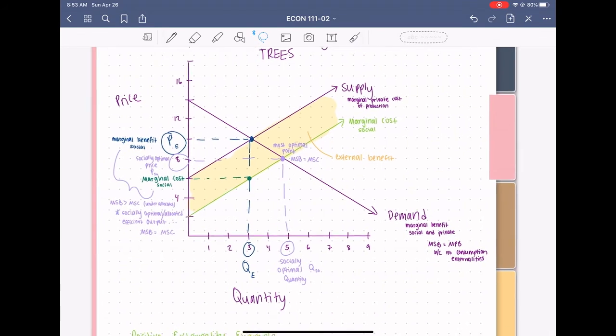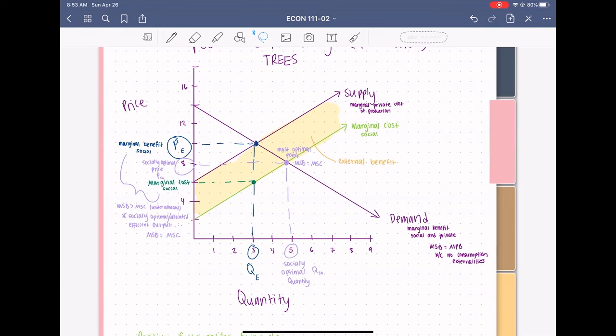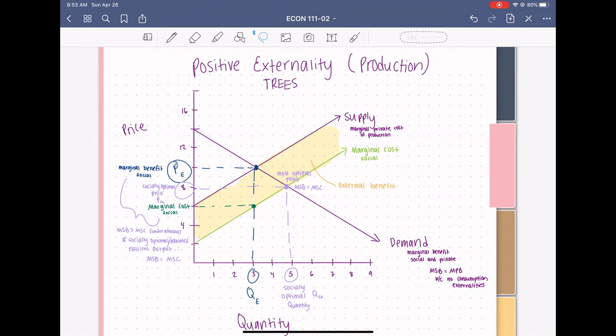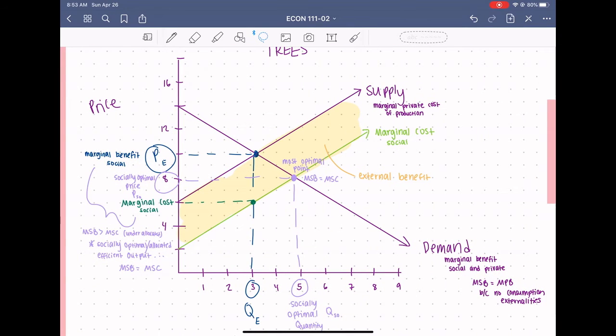That being said, there's still some ways that it can benefit the consumer, which sort of incentivizes them to produce more. Anyway, so we're looking at this marginal cost to society of more trees being planted.